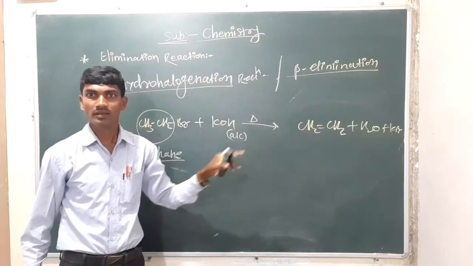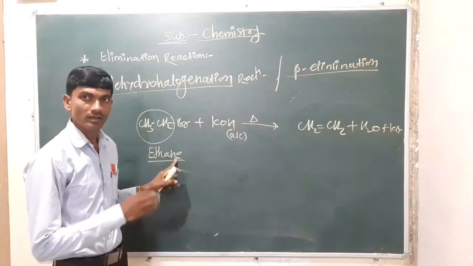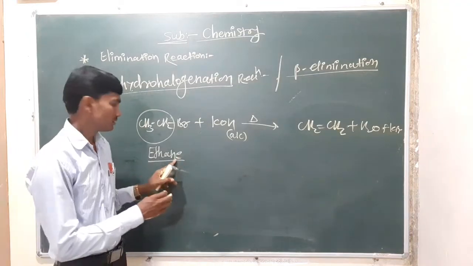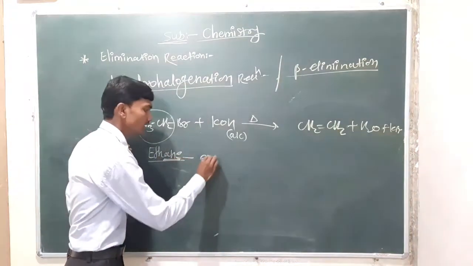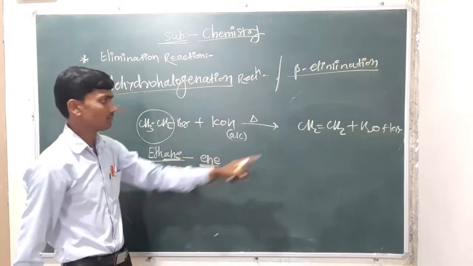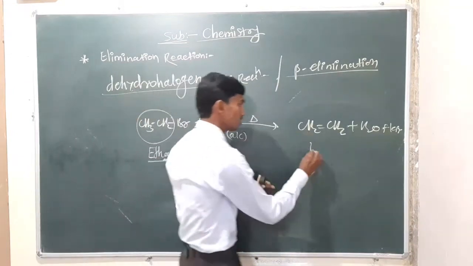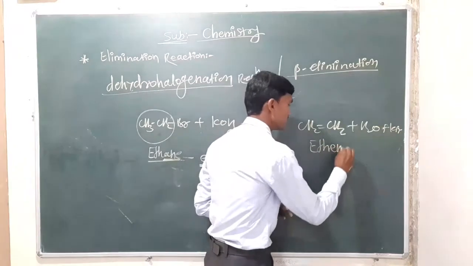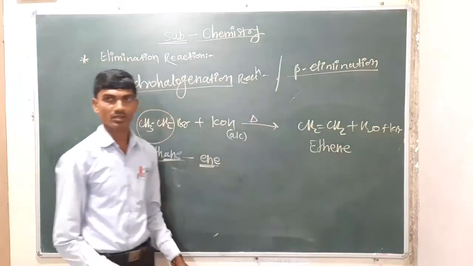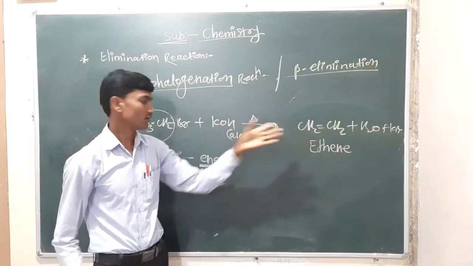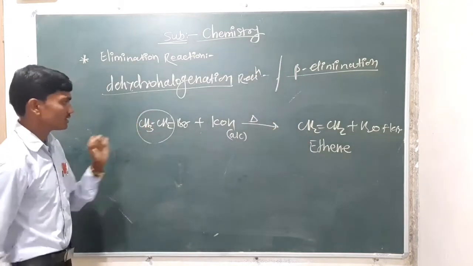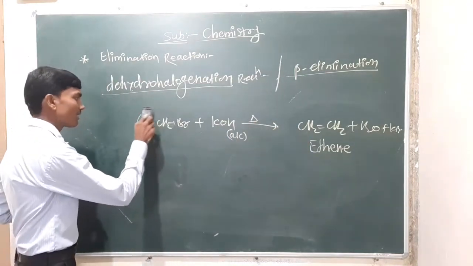In alkane, the ending ANE is replaced by ENE, and the name of this compound is ethene because two carbon atoms are in it. This is the case when the compound is a primary alkyl halide.